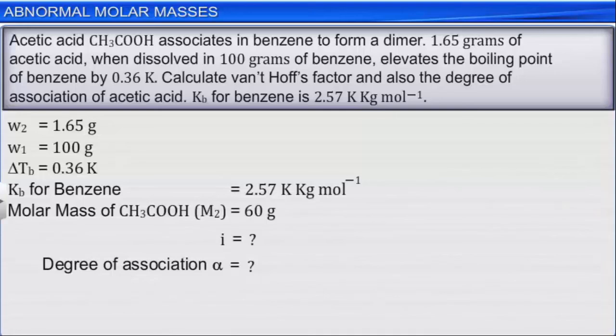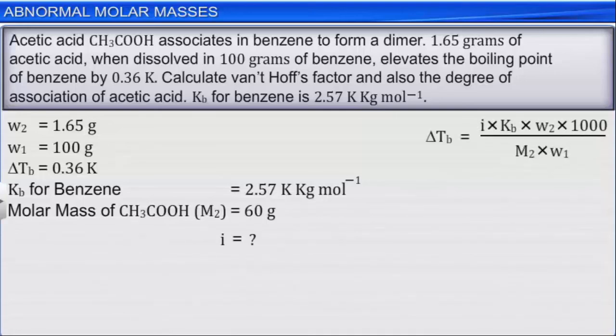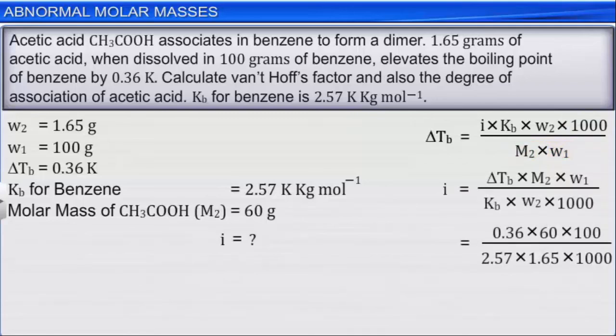Substitute these values in the modified equation for elevation in boiling point. Elevation of boiling point, delta Tb, is equal to i multiplied by Kb multiplied by W2 multiplied by 1000, divided by M2 multiplied by W1. On solving for i, we get Van 't Hoff's factor i is equal to 0.5093.